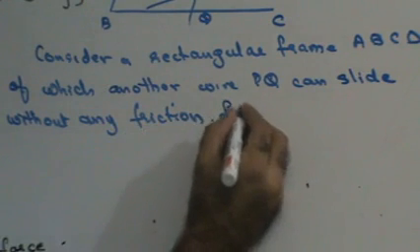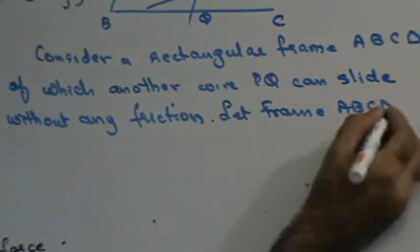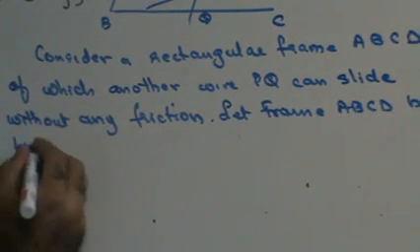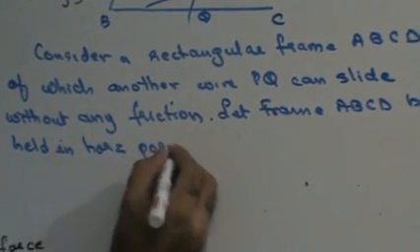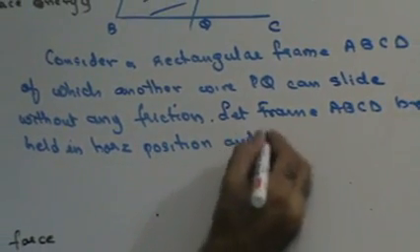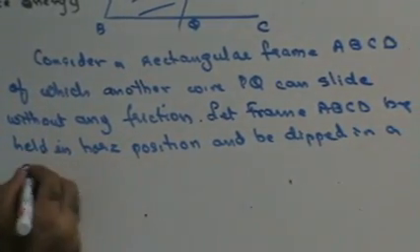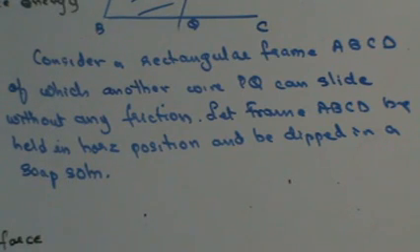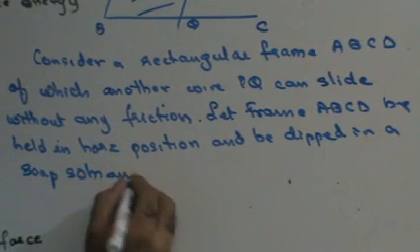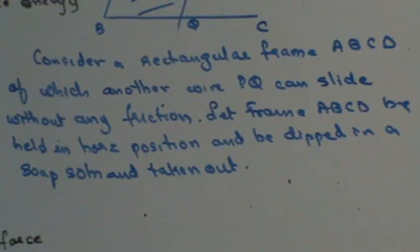Let frame ABCD be held in horizontal position and be dipped in a soap solution. Let us assume that it is dipped in a soap solution and taken out. Right? Hence, there will be a soap film APQB formed.